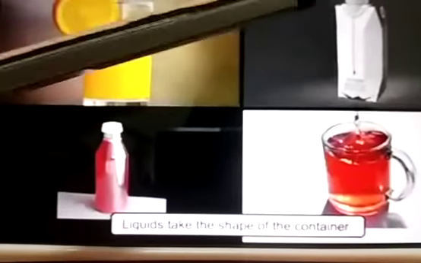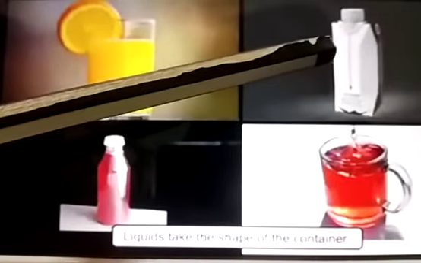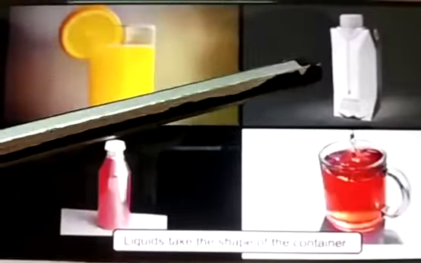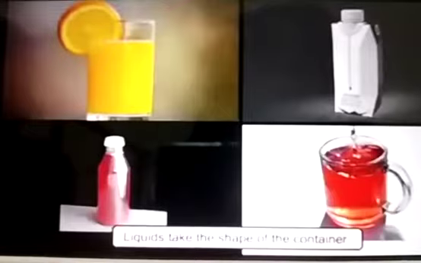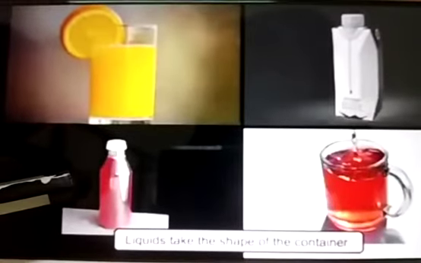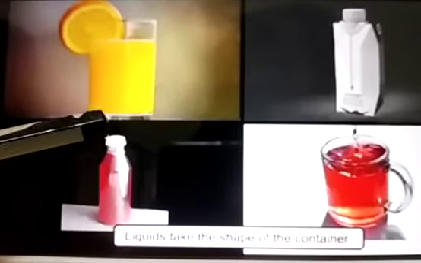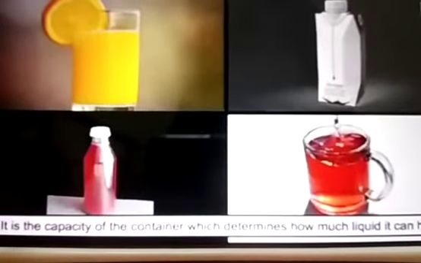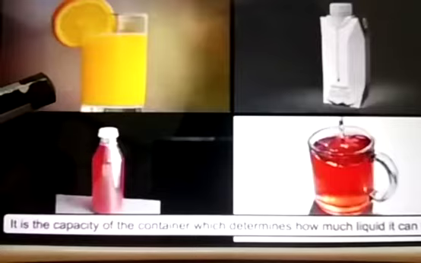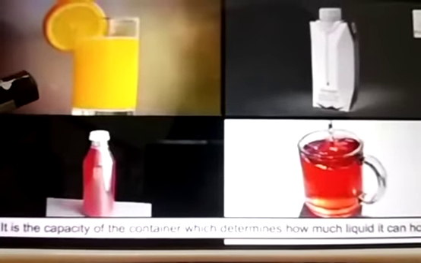See here, this is a purifier. This is a Tetra Pak, a cup, a bottle and a glass. If we take this bottle, it is 200 ml. So the liquid in it is 200 ml. It is the capacity of the container which determines how much liquid it can hold.